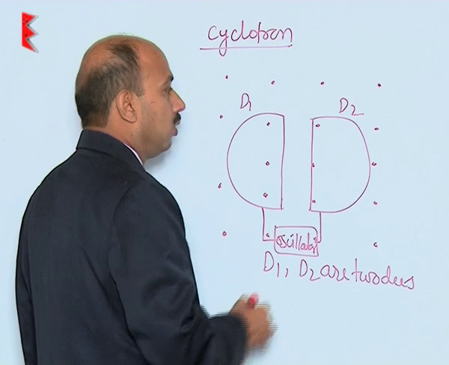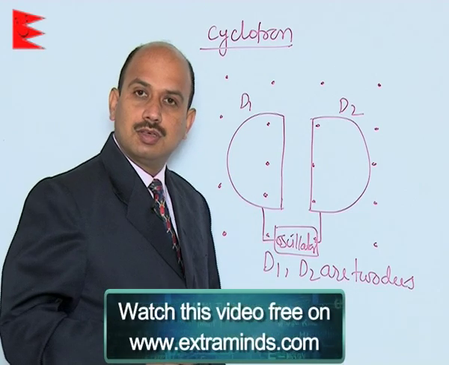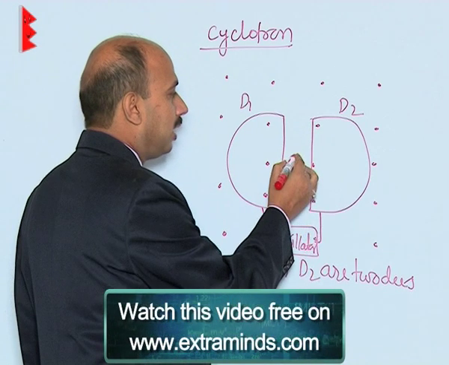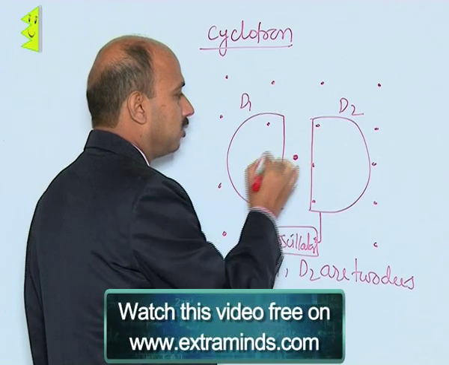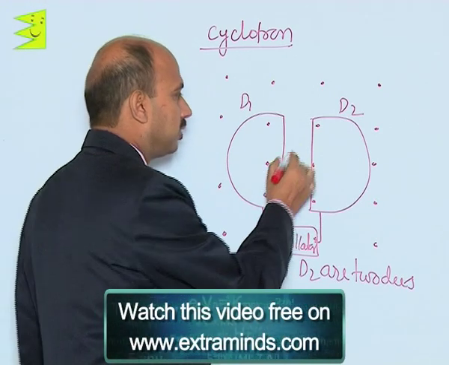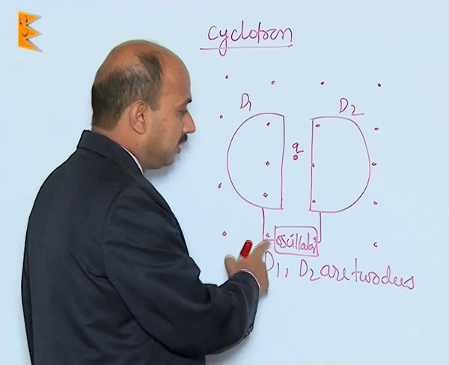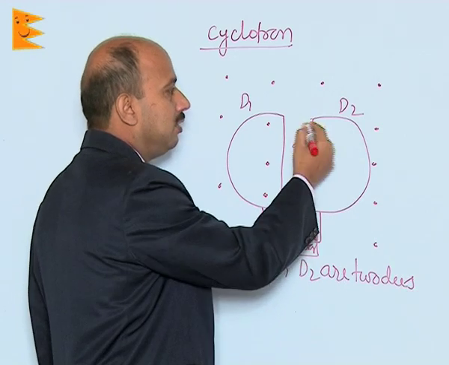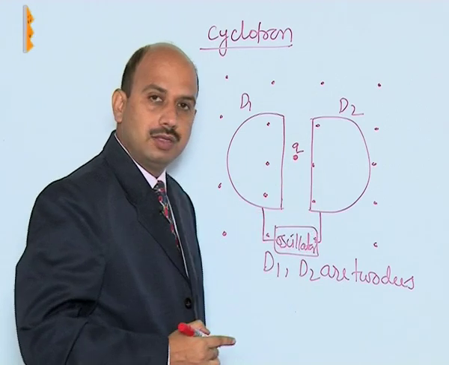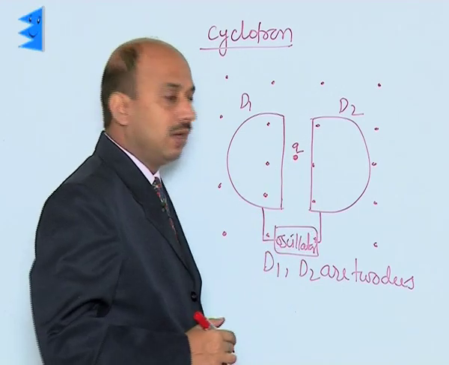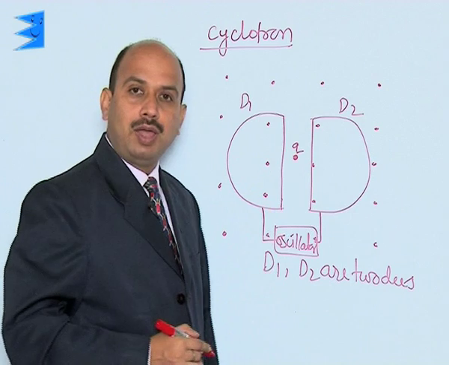And now what happens in this case? Suppose you have placed a charged ion at this point. This is a positive ion of charge Q placed here. In this case, one D has got negative polarity with the help of this oscillator and D1 has got positive polarity.